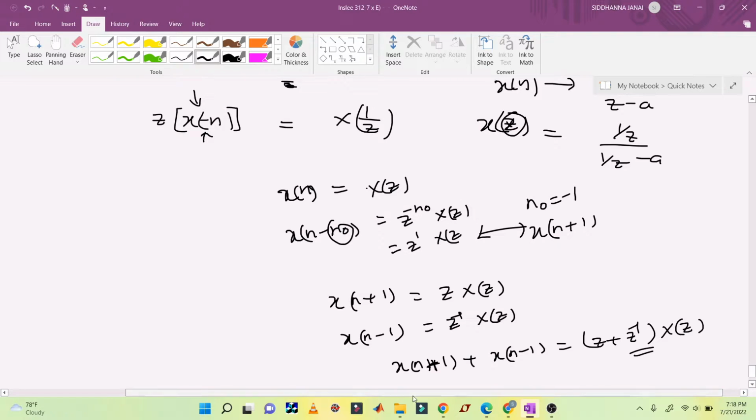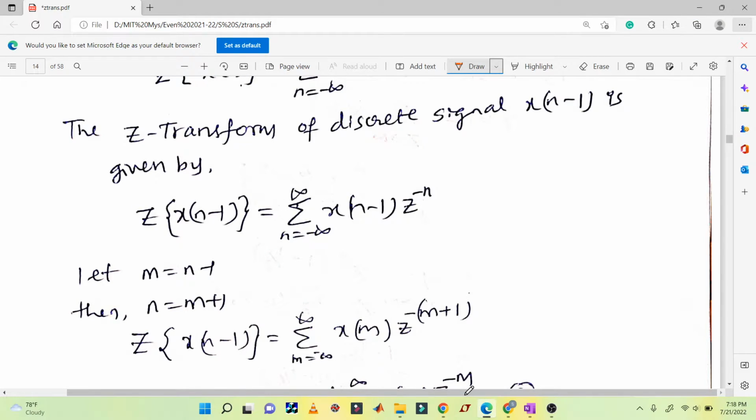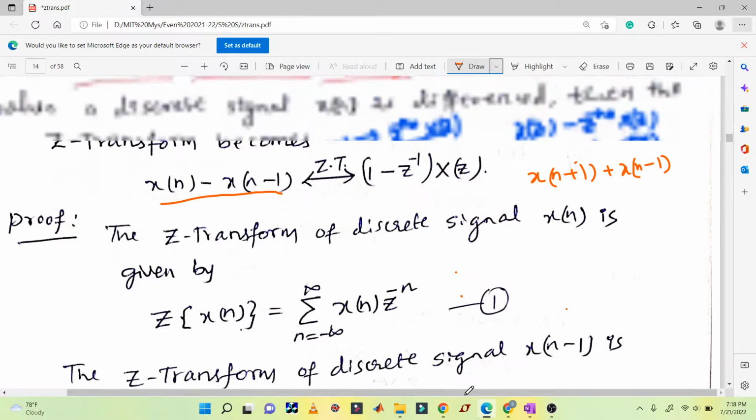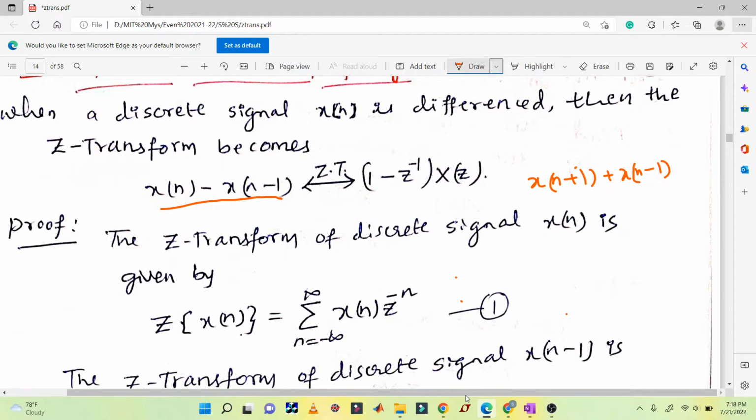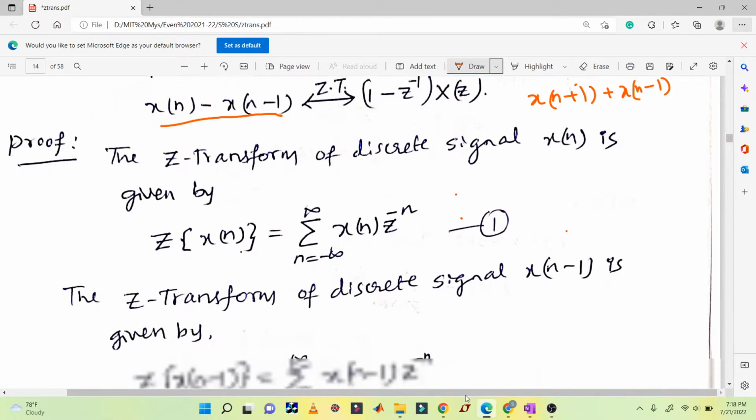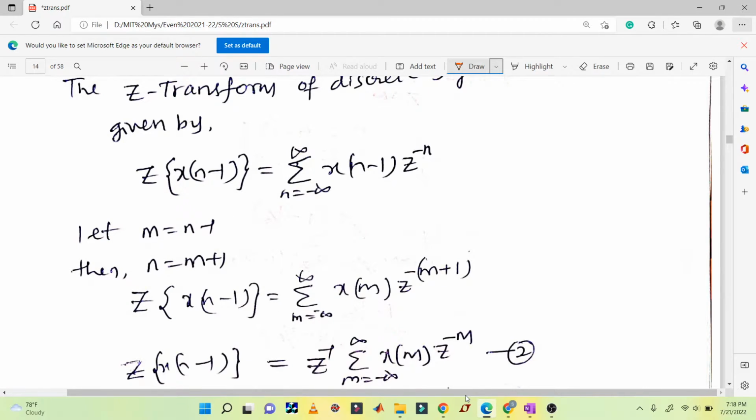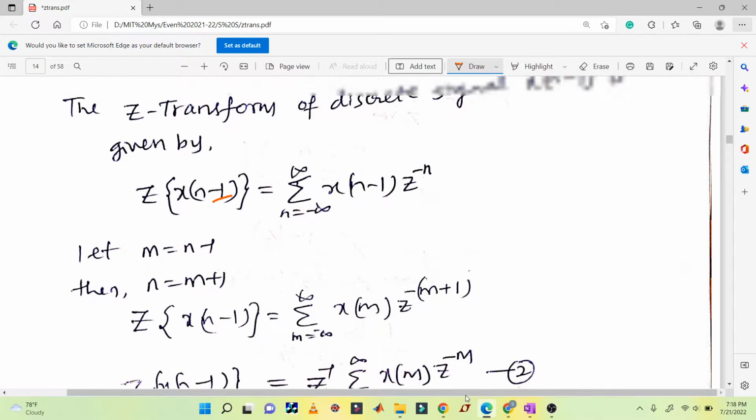Is that clear? So this is the time difference property. Only one z minus x of n minus 1 is taken as an example to prove this, which is the same as, instead of n minus n naught, we have taken n minus 1. Similarly, we have proved this as we have proved the time shift property.